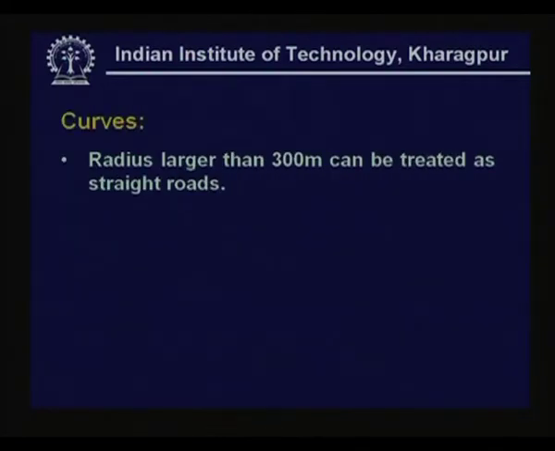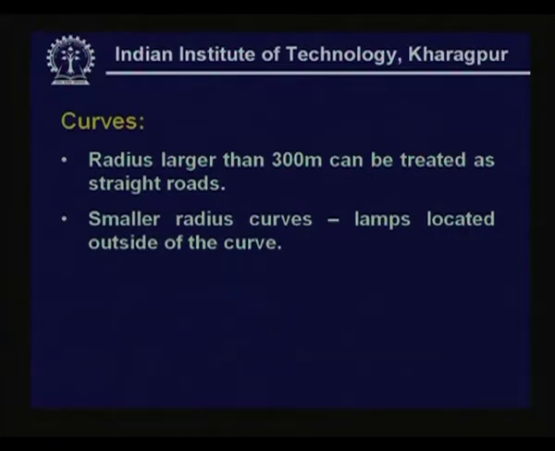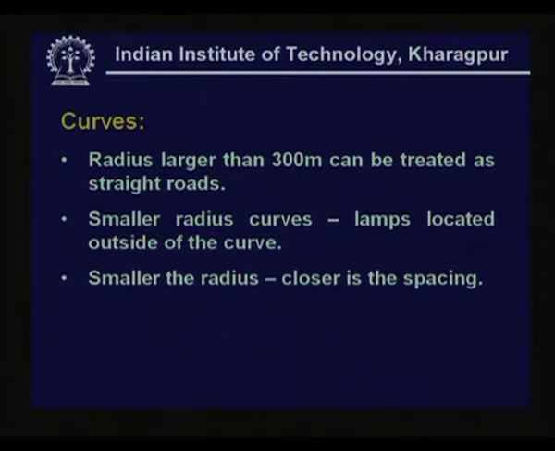Curves have to be taken care of. As I said, the outer end of the curve is lit so that you are really guided. Now, when the curve radius is larger than 300 meters, one could adopt the same techniques which are adopted on straight roads, but for smaller radius curves you have to locate lamps on the outside of the curve so that you know, and in order to accentuate the curve, the spacing between the lamps, which is larger on straight roads, is reduced.